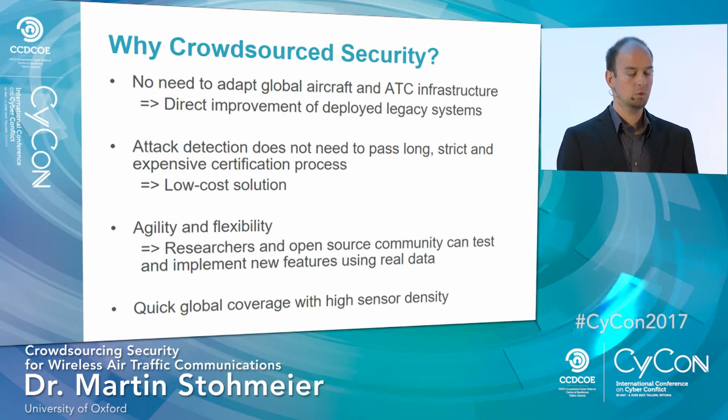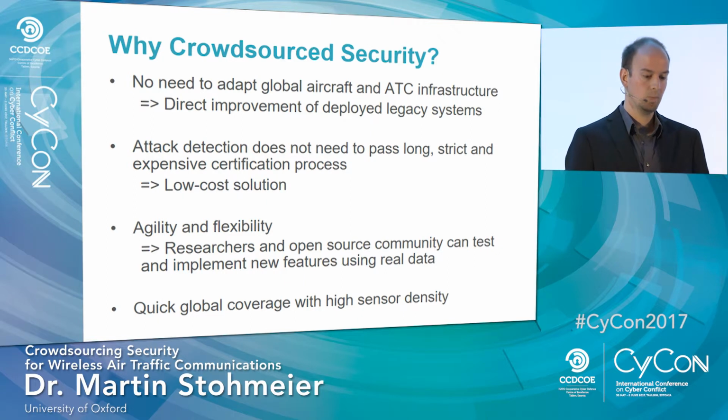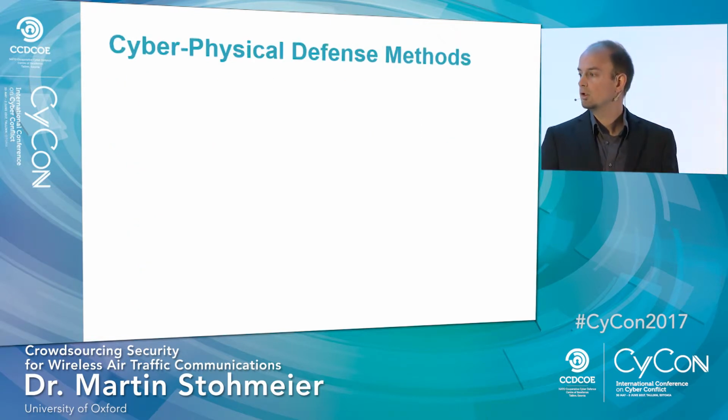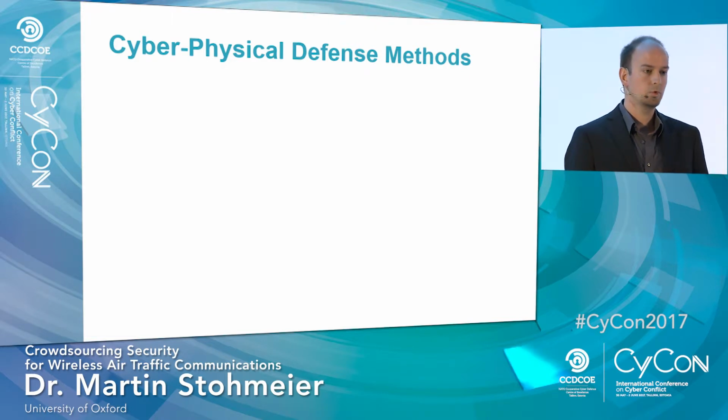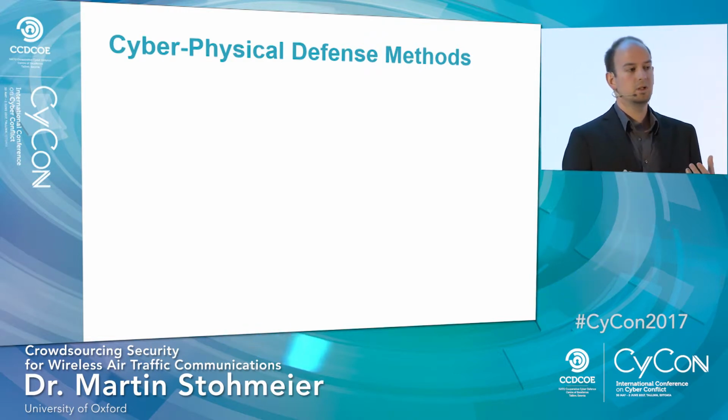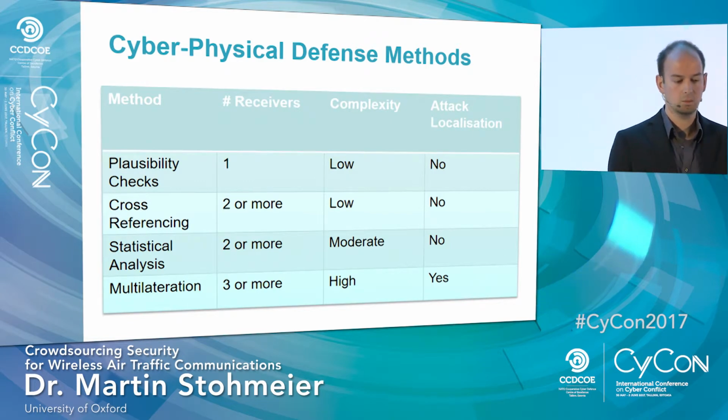So that's a large pool of people that we can tap into. And indeed, we use this high sensor density for several new approaches outside of cryptography, and we call them cyber-physical defense methods, because we exploit the physical characteristics of aircraft signals instead of their content to verify the actual contents of the message sent around.